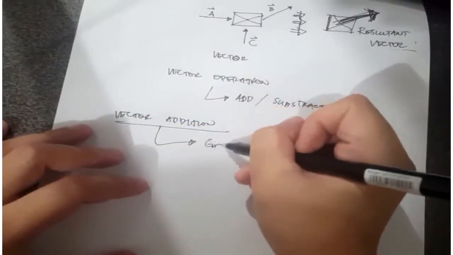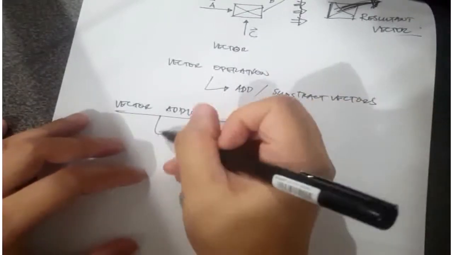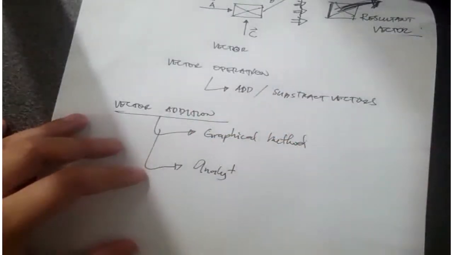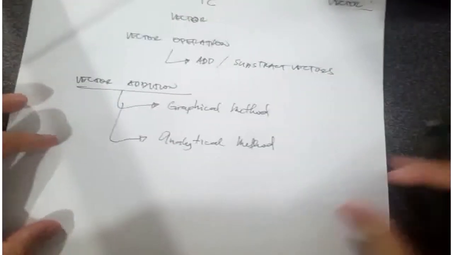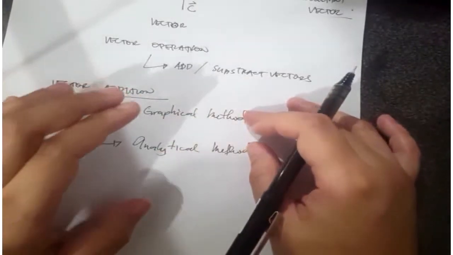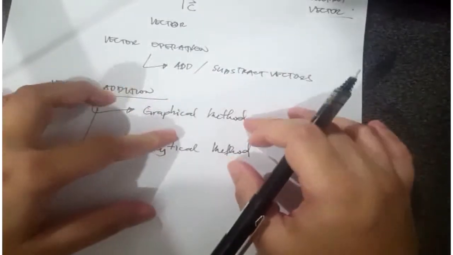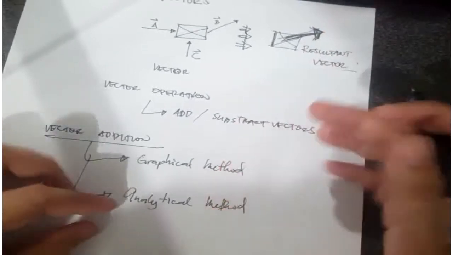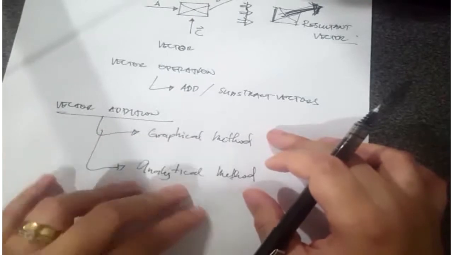We have the graphical method, and we have the analytical method. The graphical method only uses illustrations or graphics to determine the resultant vector. Later on we will use this graphical method as well as the analytical method.